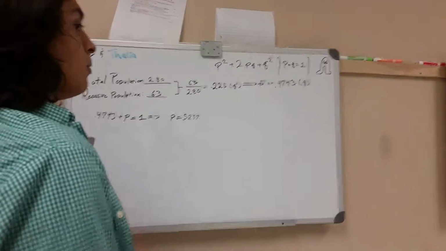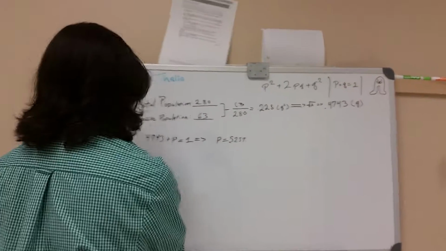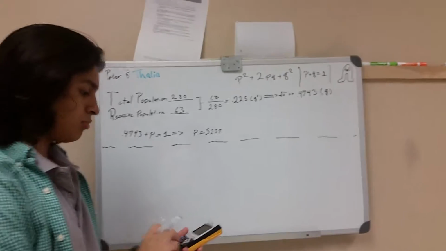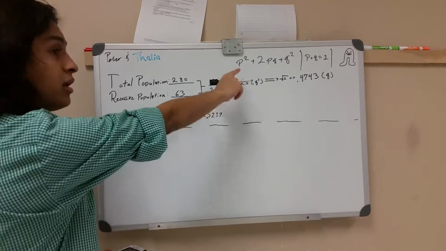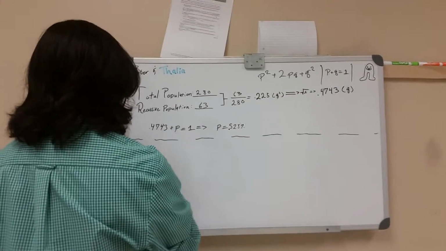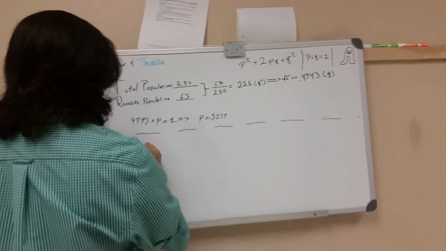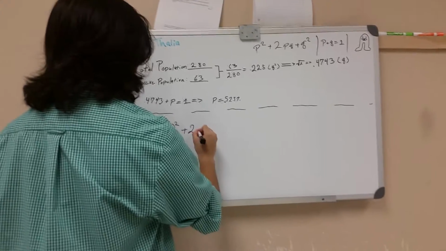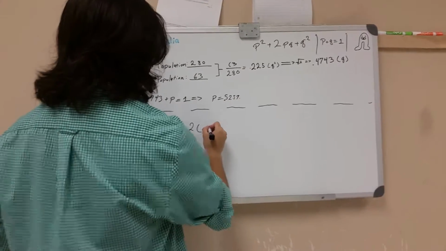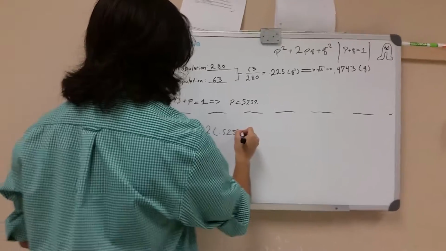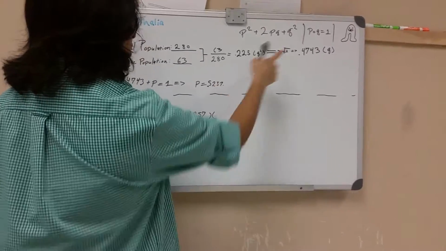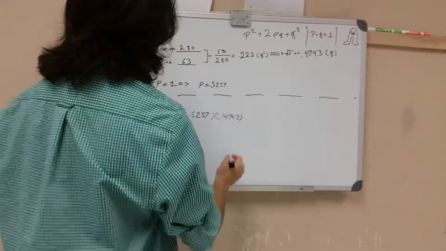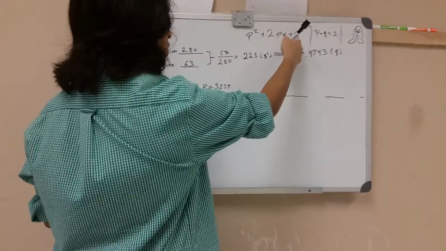So now we can start doing some of the real work for math. Here we're going to start plugging in our values. So p squared is going to be 0.5257 squared, plus 2 times p, 0.5257, times our q, which we know is now 0.4743, plus q squared.